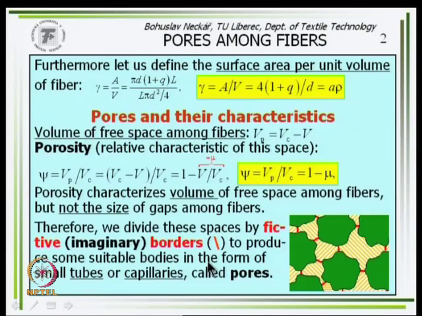Let's introduce one new quantity, surface area per unit volume.